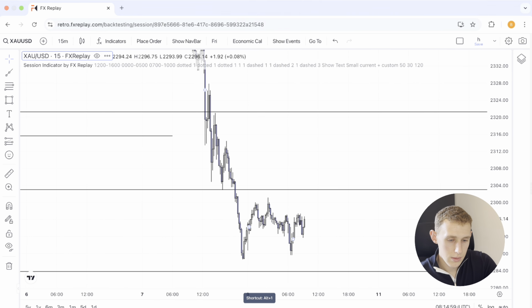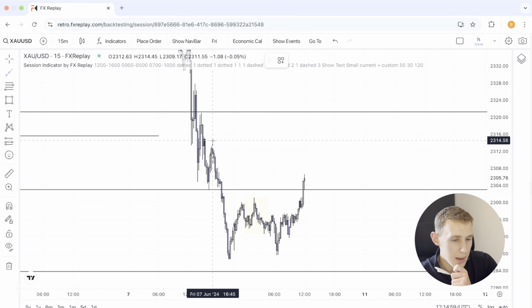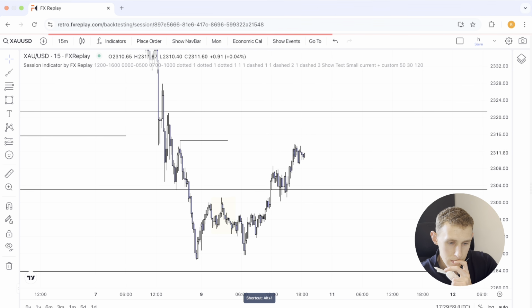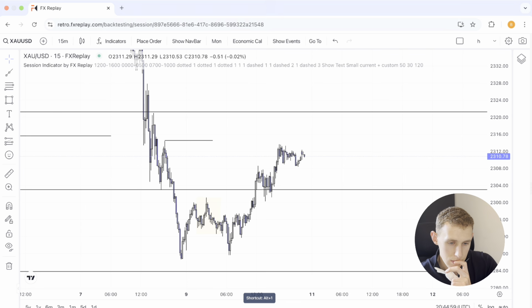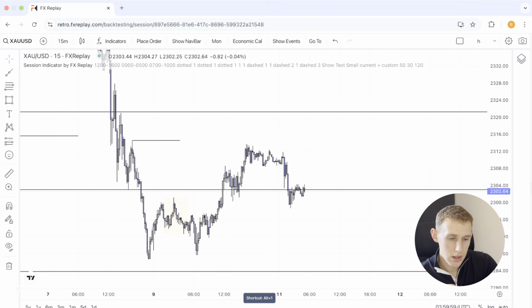Okay, so let's have a look what it does here. If it can break above this high, I'm still viewing this as a sweep of that daily demand. Which it looks likely to do.